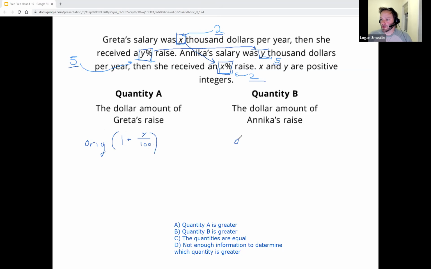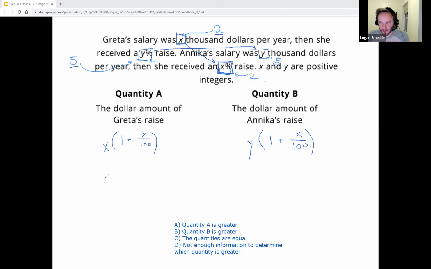Over here, we're taking Annika's original times her starting point plus X over 100. That's her X% raise right there. Well, what happens when we substitute in those originals? The original for Greta was the X. The original for the Annika character was the Y.